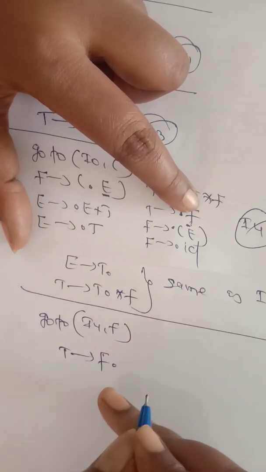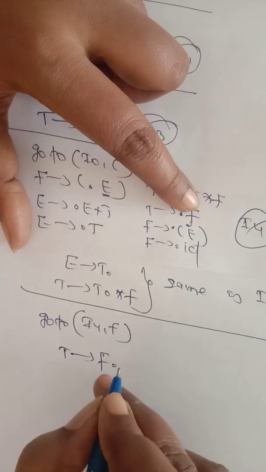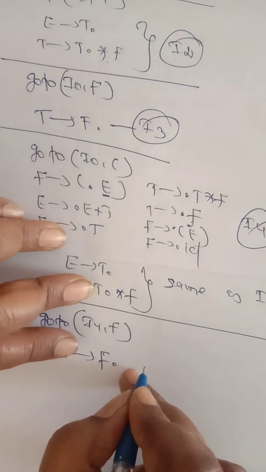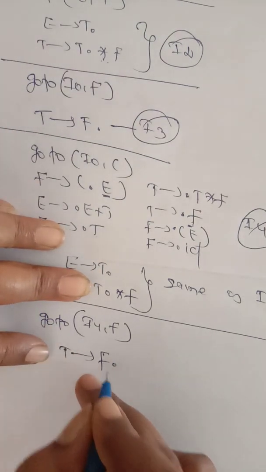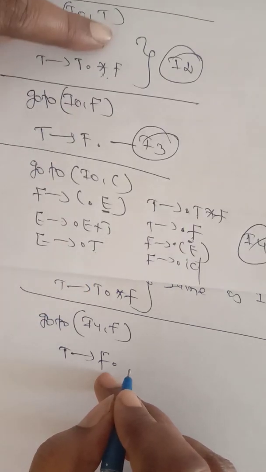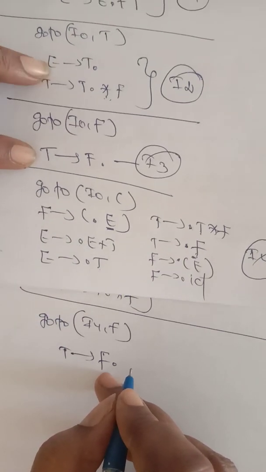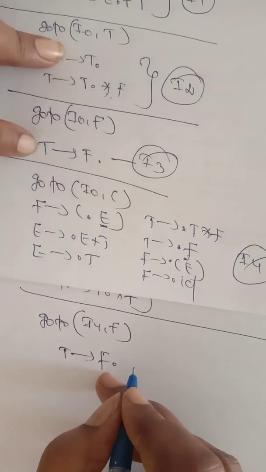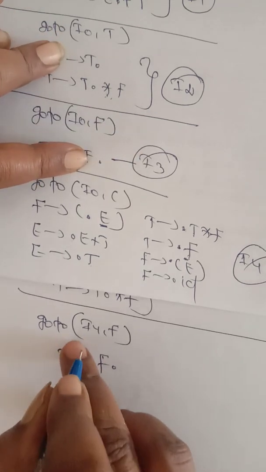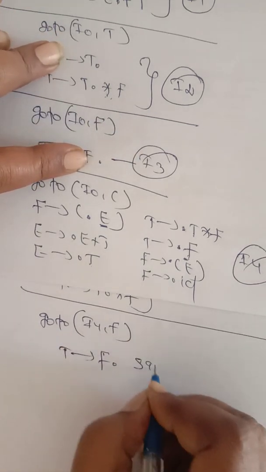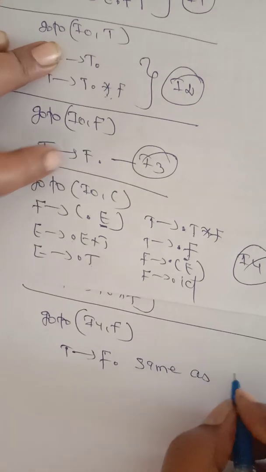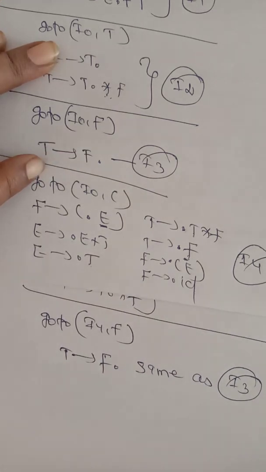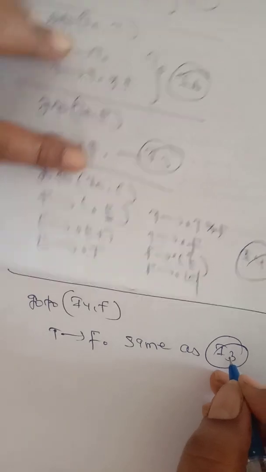After that we are not having any value, then compare the production with available set. Which production is matched means just check I3, T comes to F dot. So I4 comma F is same as I3. Okay, that's over.